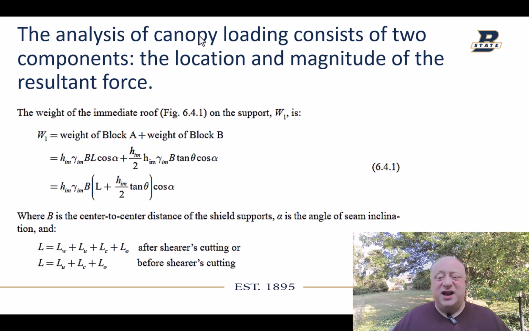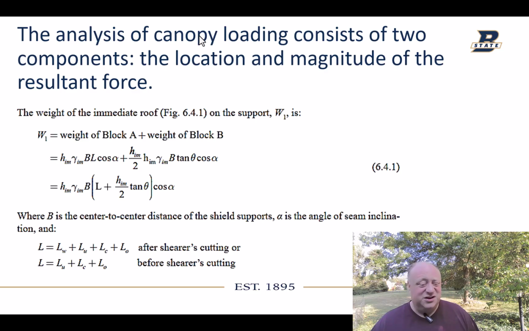So the analysis of canopy loading consists of 2 components, the location and magnitude of the resultant force. The weight of the immediate roof, W sub 1, on the support is the weight of blocks A and B together that we showed you, okay? And that's a function of the caving height, the center to center distance of the shield supports, how wide the shields are, the angle of seam inclination, and the caving angle, right?